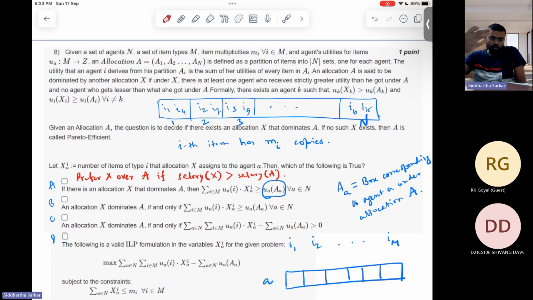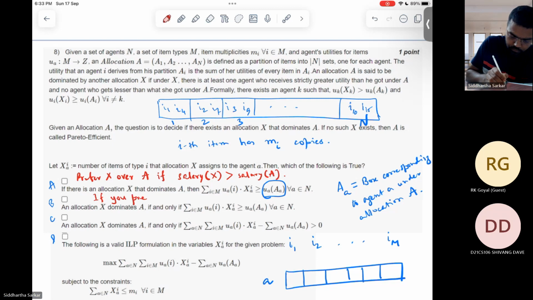Now I give you a statement: if you preferred X over A, then the salary that X offered is greater than or equal to the salary that A offered.